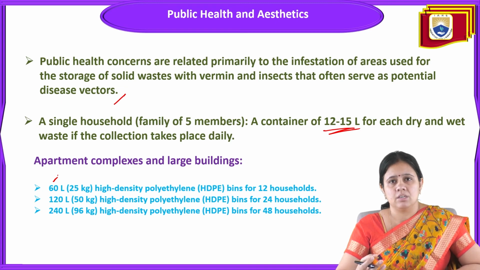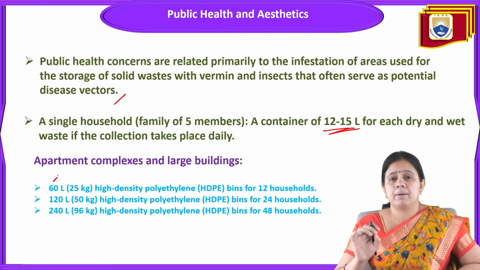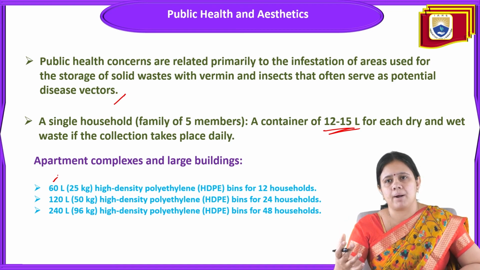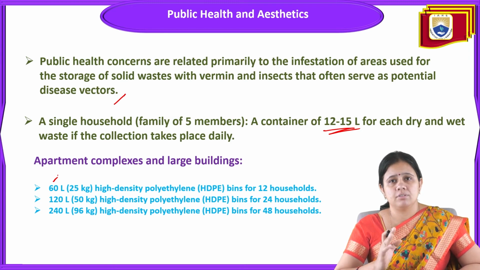If the waste collection takes place daily, and there are more than 25 houses, say 24 houses in the apartments, then a minimum 120-liter HDPE bin should be installed, mainly 50 kg. Then proper collection and handling will be possible.